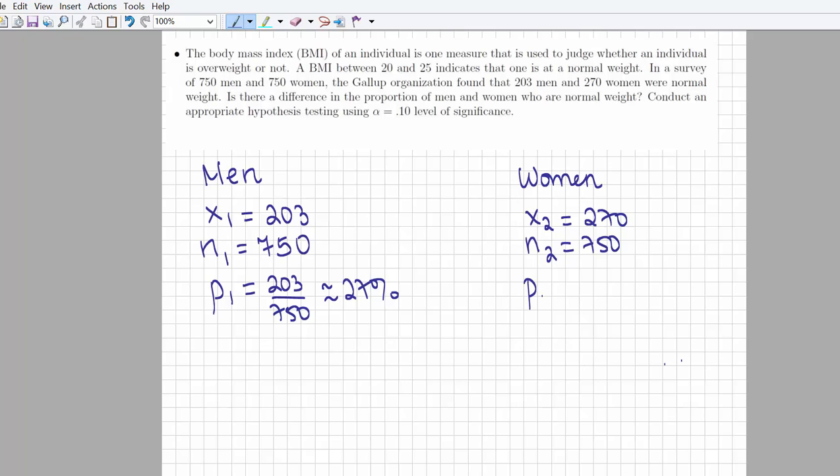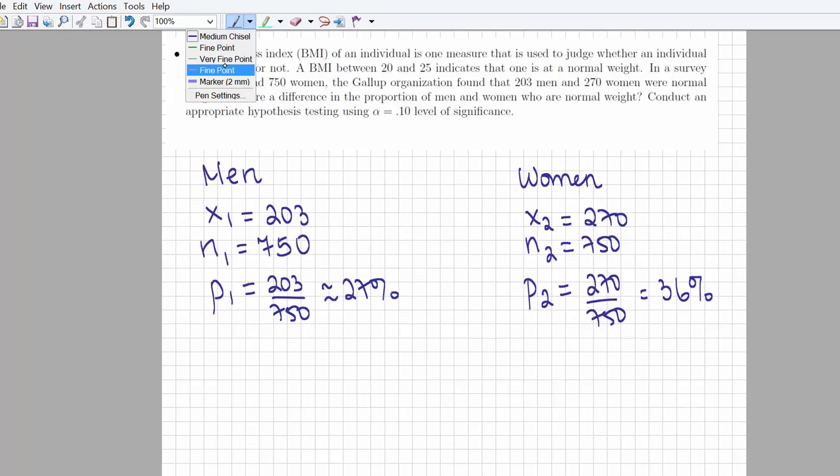The proportion of all ladies with normal BMI in this sample would be 270 out of 750. That gives us 36% exactly. Are these proportions different? The answer is yes. Are they different enough? Well, that's what we're going to determine.